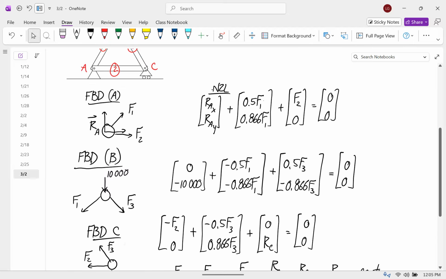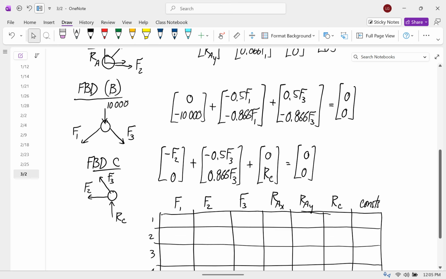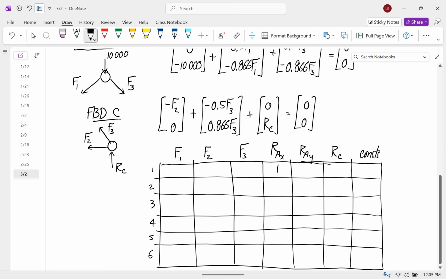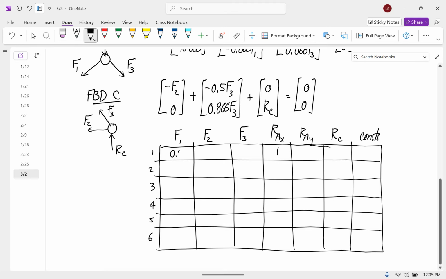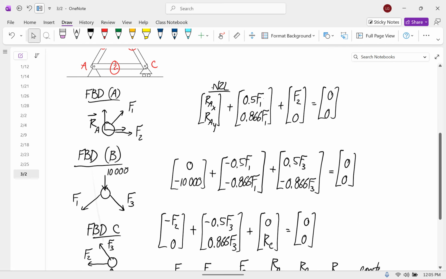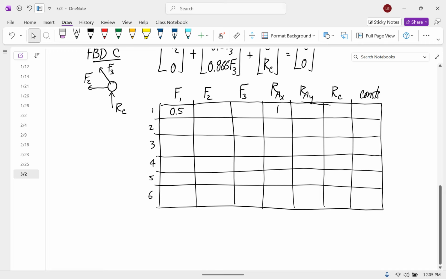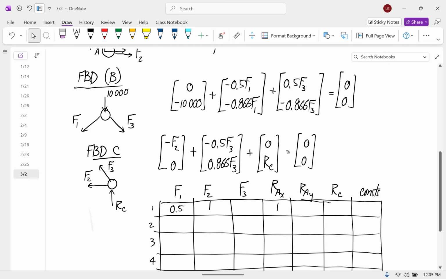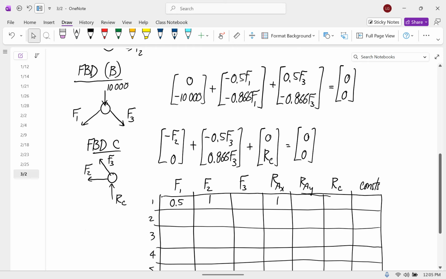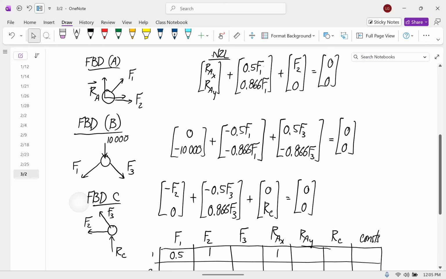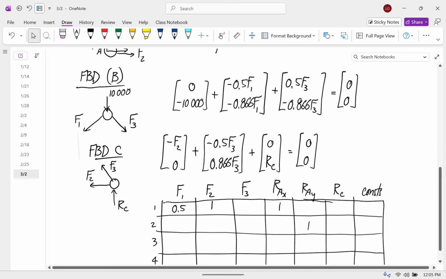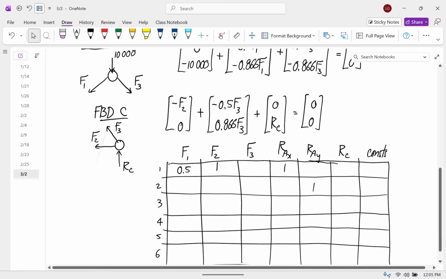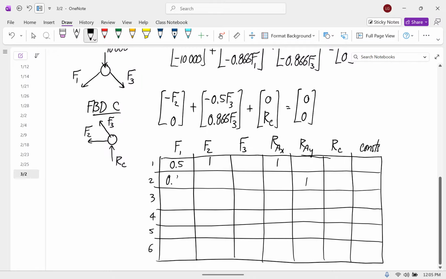So equation 1, RAX, we have 1. F1, we have 0.5. F2, we have 1. Equation 2, RAY, we have 1. F1, we have 0.866.